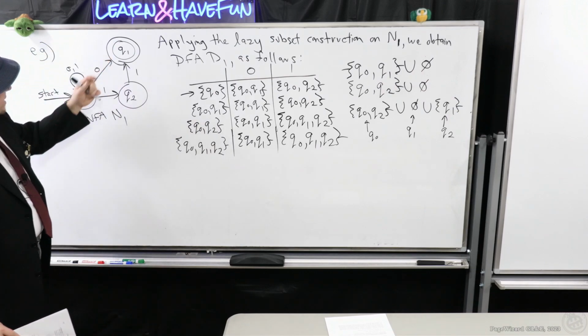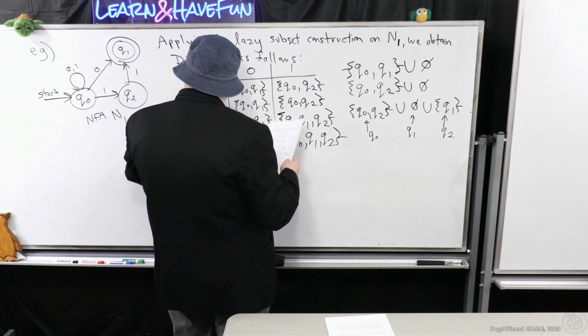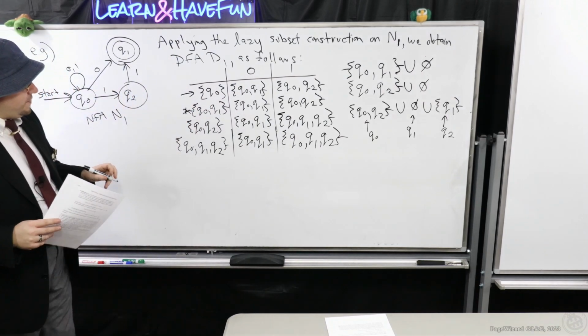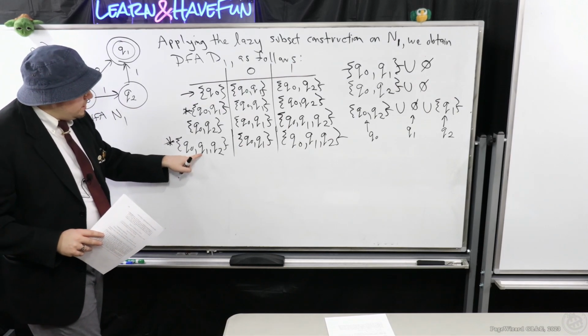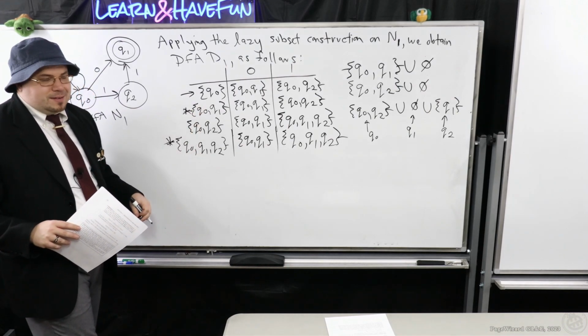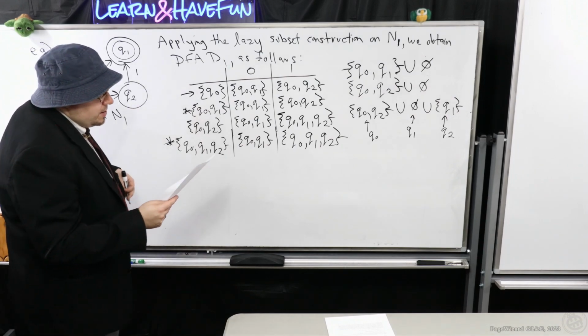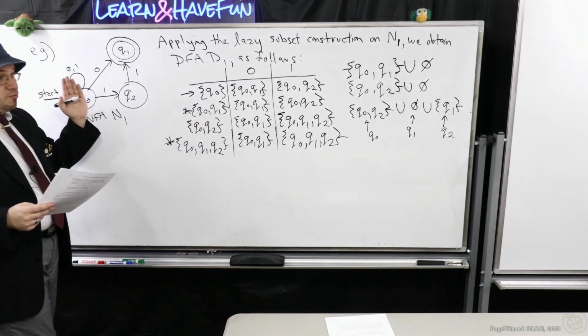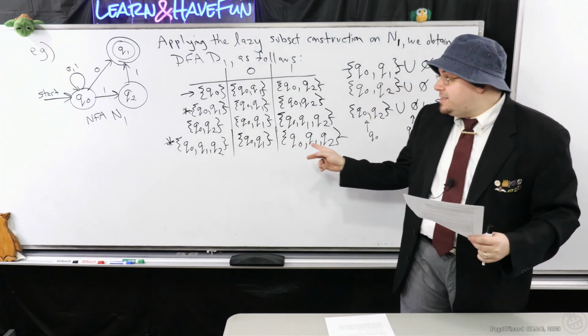Only Q1 is the final state in the NFA, so I need to indicate the final states. Q0, Q1 is a final state, and this bottom one is as well, because both of them contain Q1. That's how we know it should be a final state in the DFA. So I encourage you now to draw this as the transition diagram for this DFA.